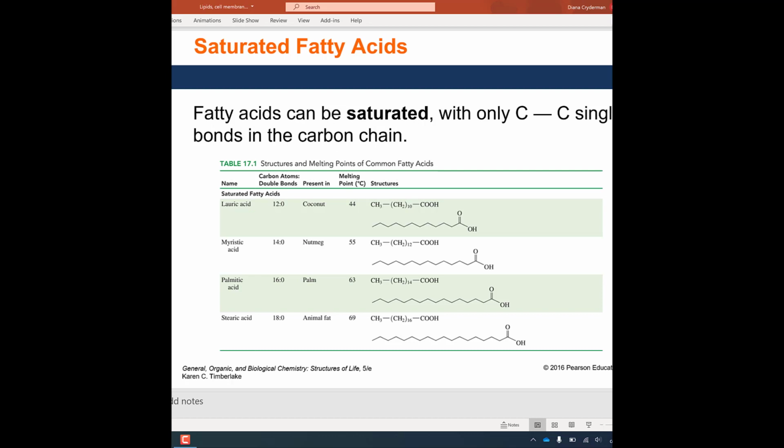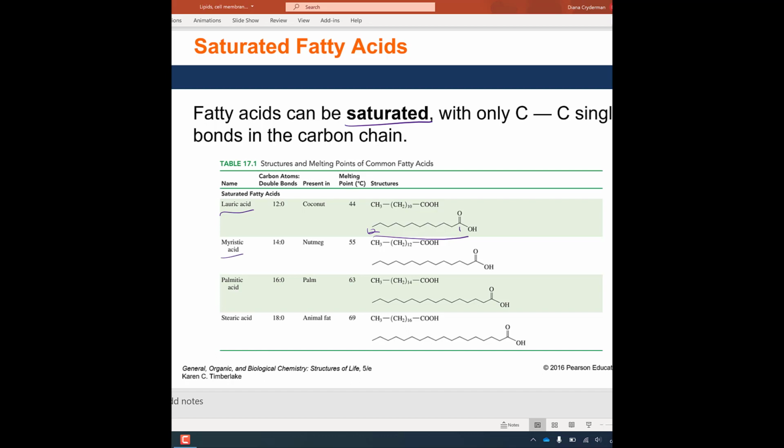Okay, so some examples of a fatty acid that's saturated, with single carbon-carbon bonds all the way throughout. Lauric acid in coconut oil, you can see here with 12 carbons, counting with 1 here and 12 out here.